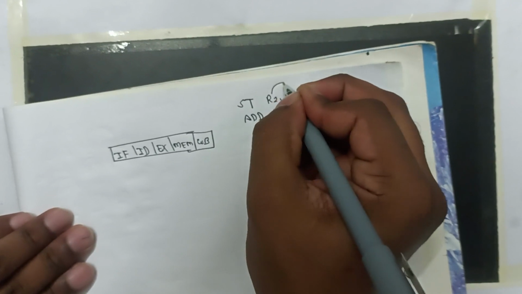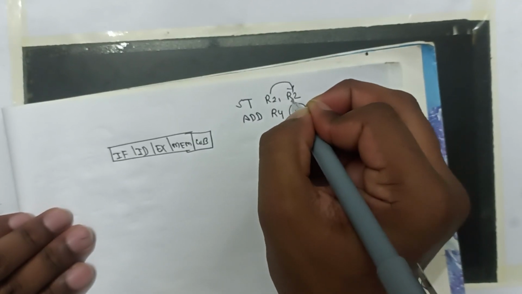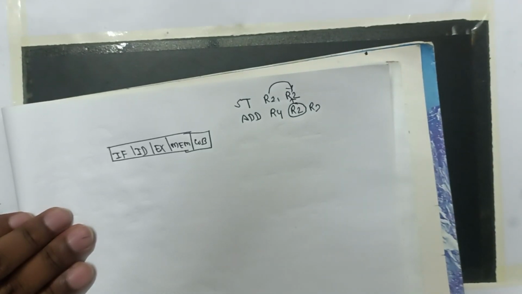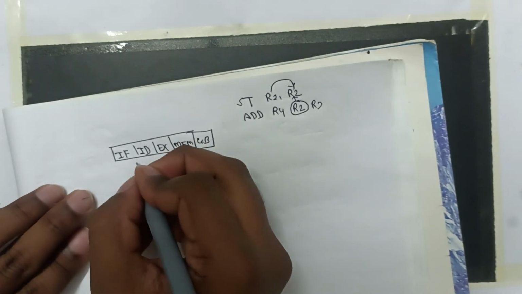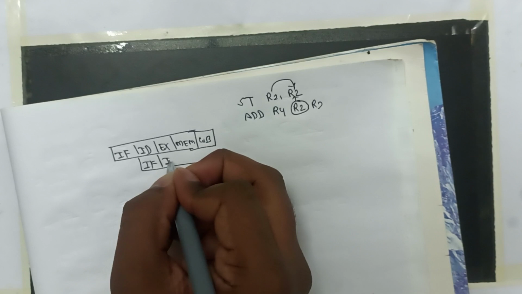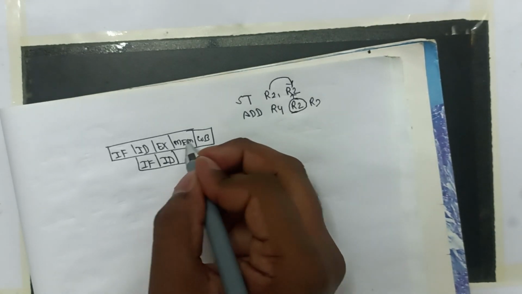First, I have stored the value of R1 into R2. It means this R2 is dependent on this, and I told you in the operand forwarding the value of an arithmetic operation will be gotten from where? After execution. But in the load and store we will get the operated value from the memory. It means first I am fetching. Okay, first I take the wrong value in ID because R2 is operated where? After memory.